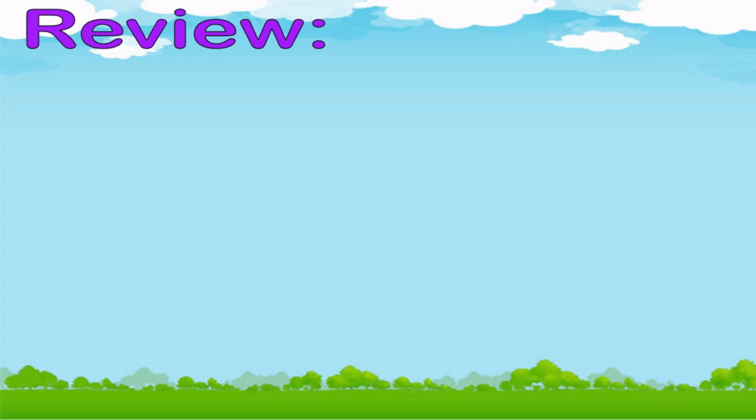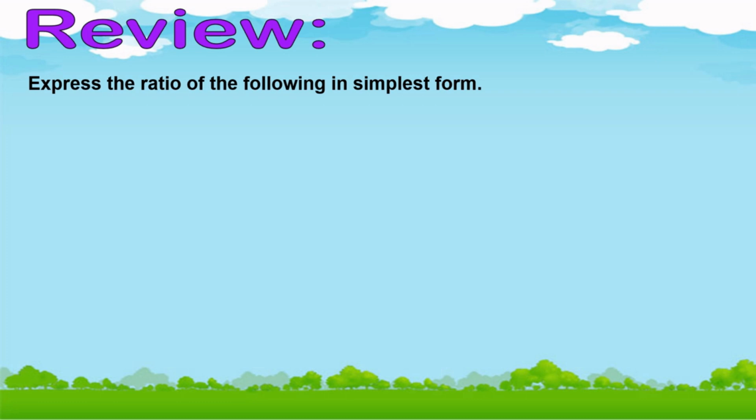Okay, to start, let's have a short review of our topic last week regarding ratio. Express the ratio of the following in simplest form. Number 1, a class of 120 pupils from 3 sections. What is the ratio in simplest form? Your answer, please.